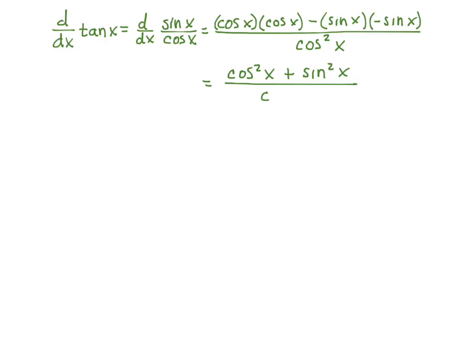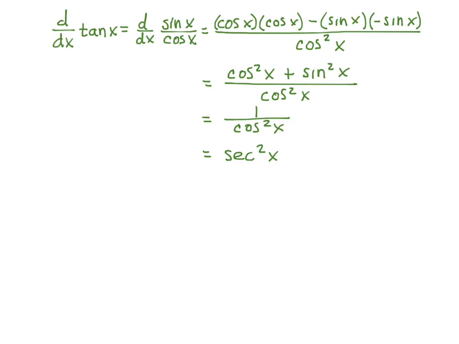And so when we cancel out the negatives, we get the cosine squared of x plus the sine squared of x. And by our identities, of course, that equals 1. And so the derivative is 1 over the cosine squared of x, which is, of course, the secant squared of x.